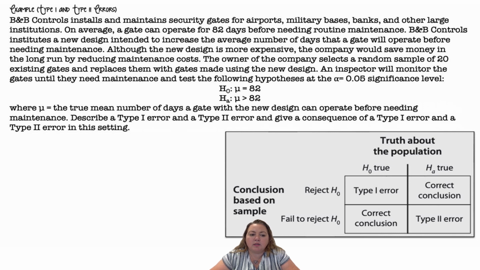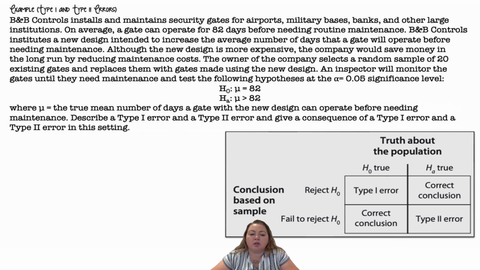B&B Controls institutes a new design intended to increase the average number of days that a gate will operate before needing maintenance. Although the new design is more expensive, the company would save money in the long run by reducing maintenance costs. The owner of the company selects a random sample of 20 existing gates and replaces them with gates made using the new design.